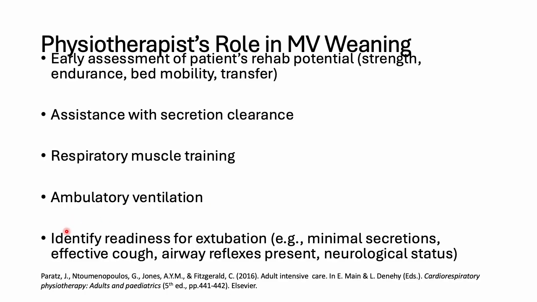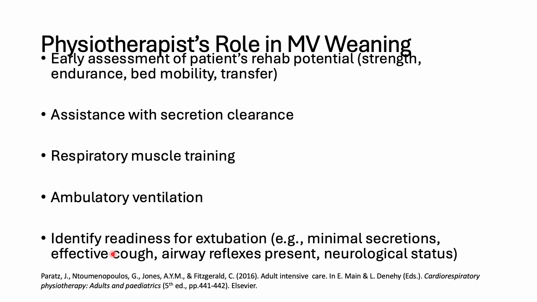Okay, in some settings, you may be the one helping with the extubation or helping to identify whether the patient is ready for extubation. So some of the things that the team might find out from you is: does the patient still have a lot of airway secretions? Can the patient initiate a cough? Do you think the patient will be able to cough effectively after the tube is removed?